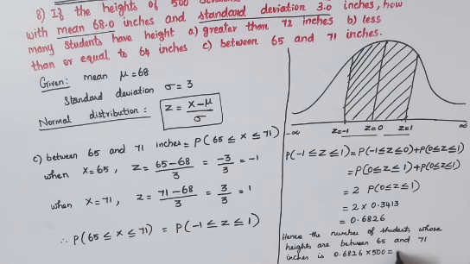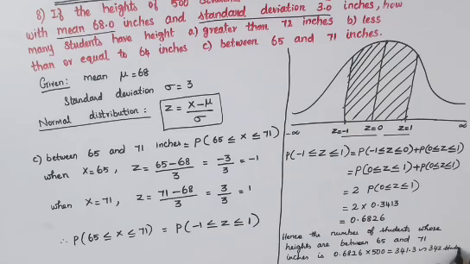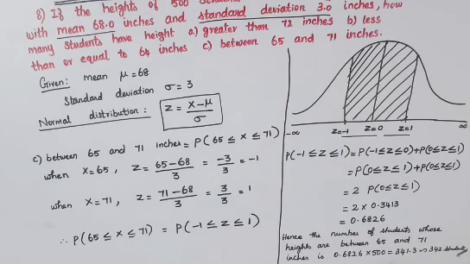So multiplying, you'll get your answer as 341.3. That you can write approximately 342 students. So this is the answer for your 8th question.